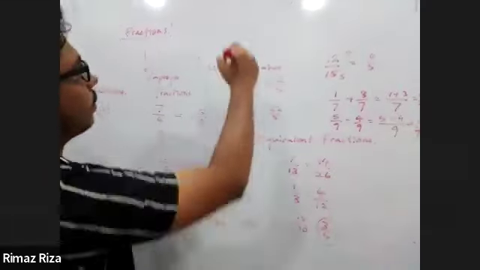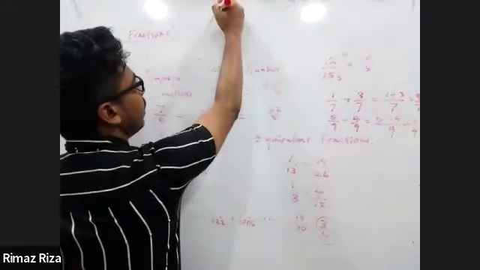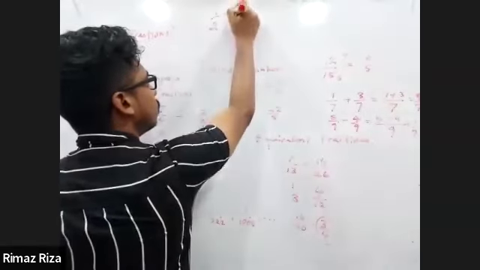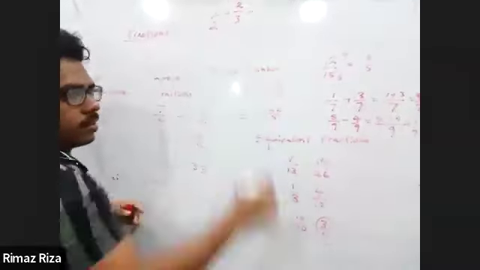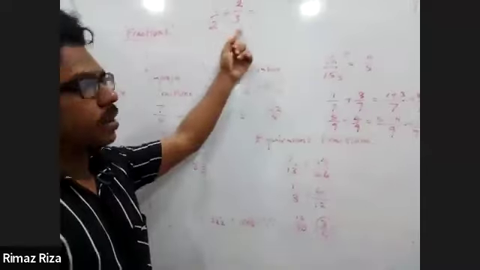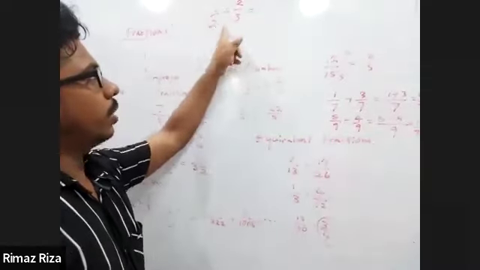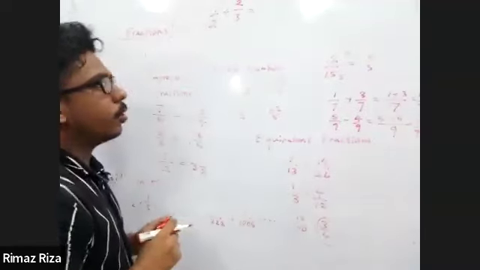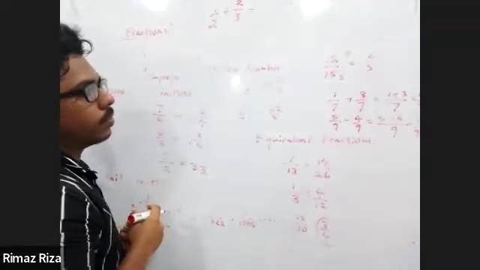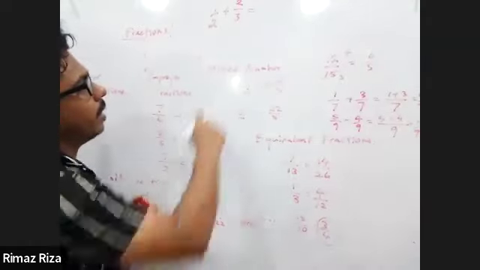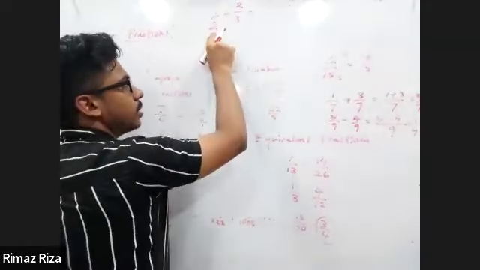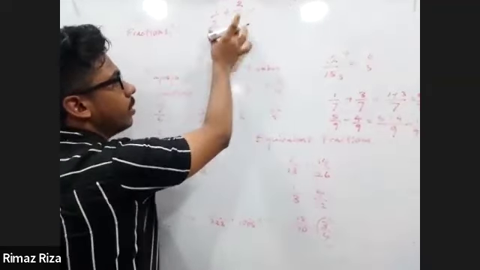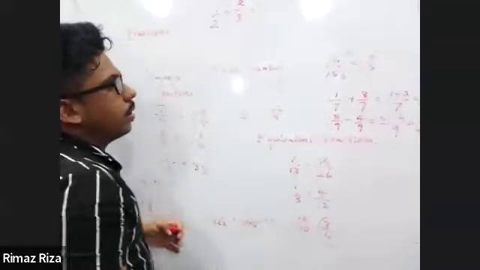But what if we have an addition like this? 1 over 2 plus 2 over 3. In this case, you can see the denominators are not equal. So in order to get the common denominator, we want to write the equivalent fraction for this and the equivalent fraction for this so that their denominators are the same.